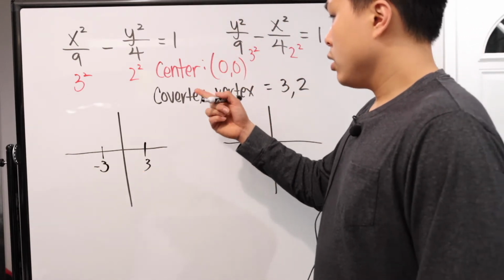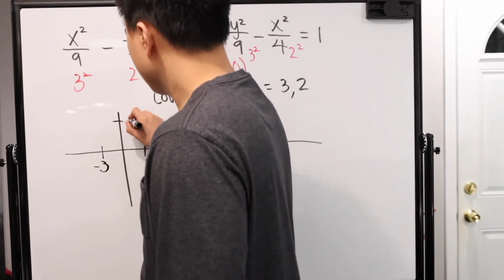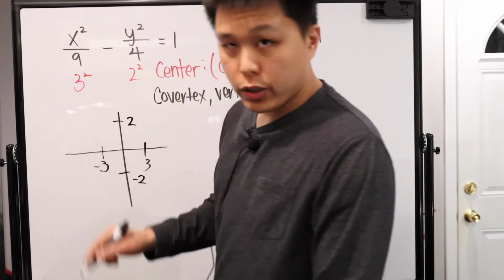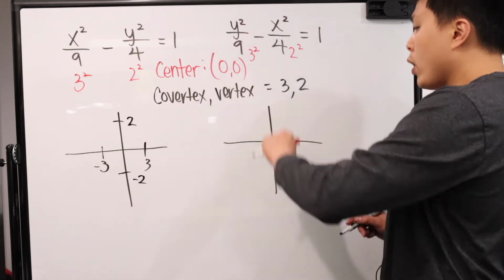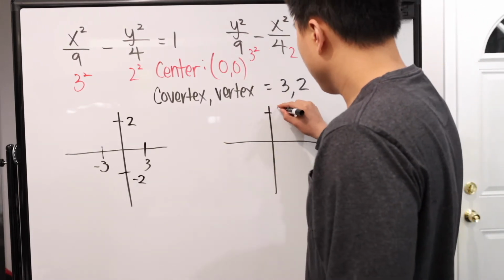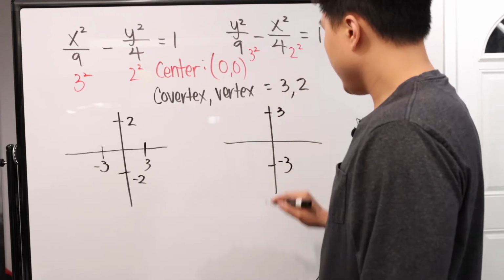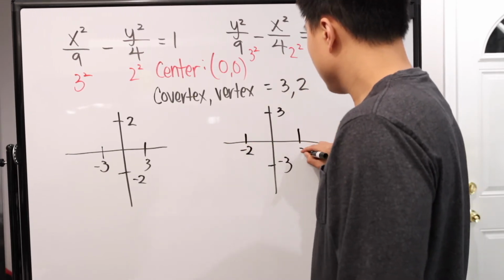And of course, we have our 2, which is under the y, is going to go up 2 and down 2. Not drawn to scale. Same thing here, except the 3 is under the y, so actually this is going to be 3 here, -3. 2 is under the x, it's going to be -2 here, 2.